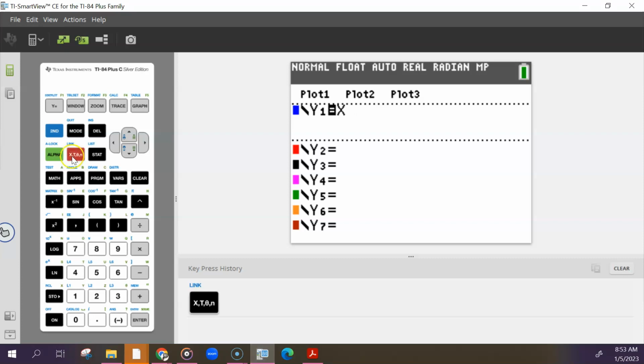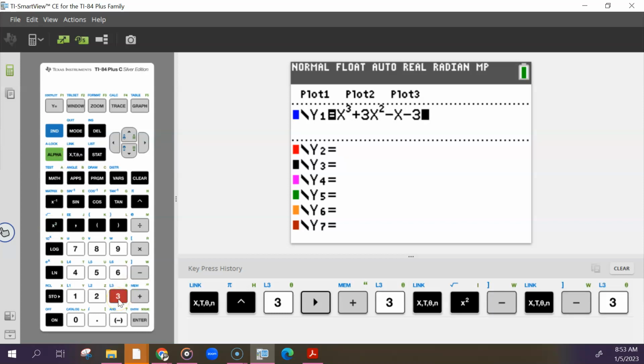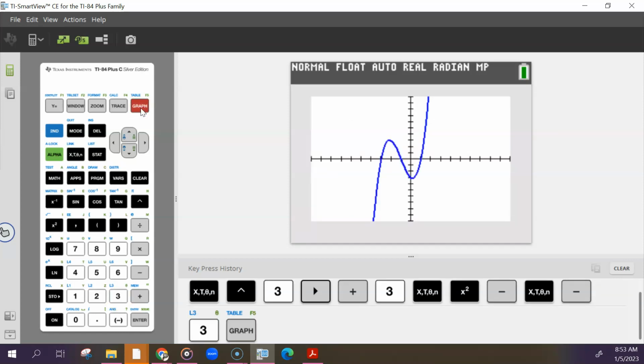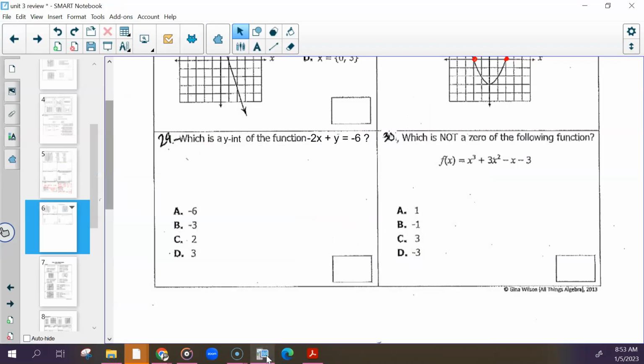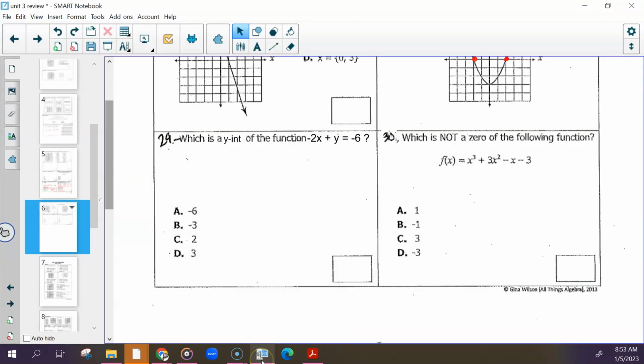X to the third plus 3x to the second minus x minus 3. So you would put that into your y equals. You would graph it. Look at where this touches your x-axis and see which of the numbers they give you is not up here. So we have 1, -1, 3, and -3. -3, -1, 1, 3 is not a 0. So that would be it.